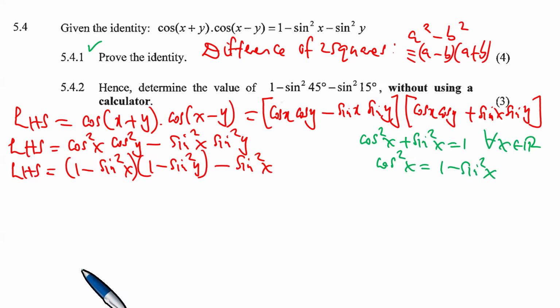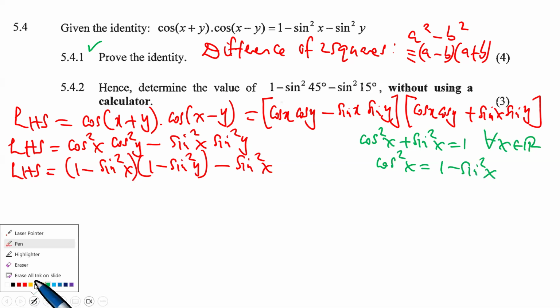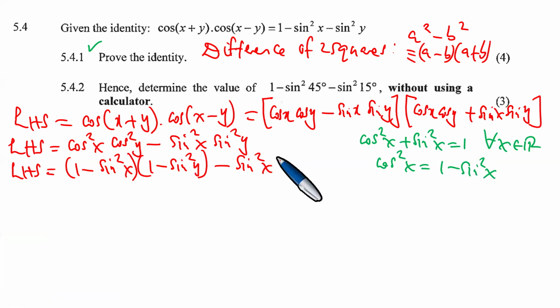And therefore, wherever you have the cosine squared, cosine squared is 1 minus sine squared. But also, cosine squared y is 1 minus sine squared y in a similar fashion. So now this one here is therefore the same as the sine squared y.